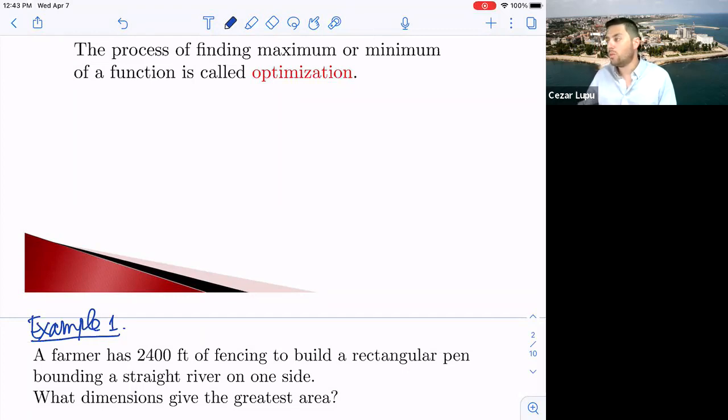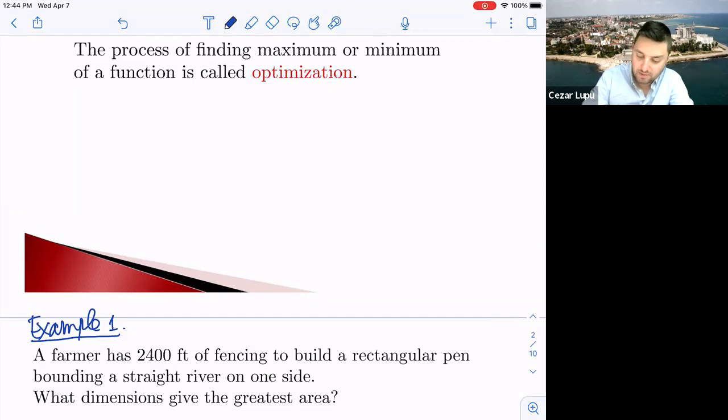So how would we think about this problem? When we analyze this, the first sentence, let's say the first part of the sentence, what does it say? It says that a farmer has 2,400 feet of fencing to build a rectangular pen.